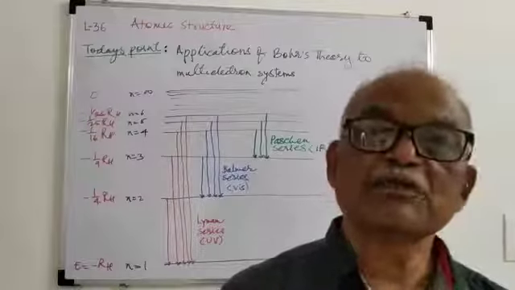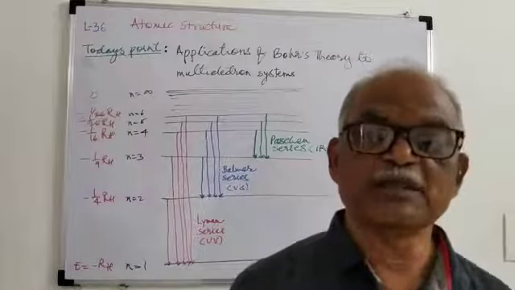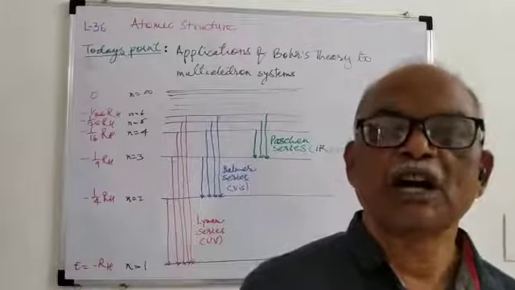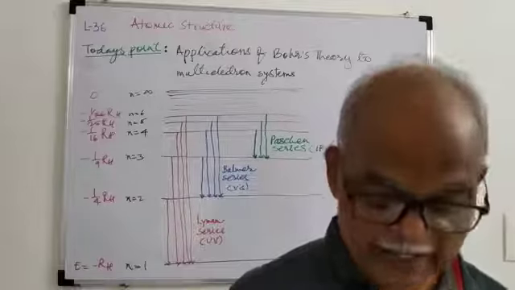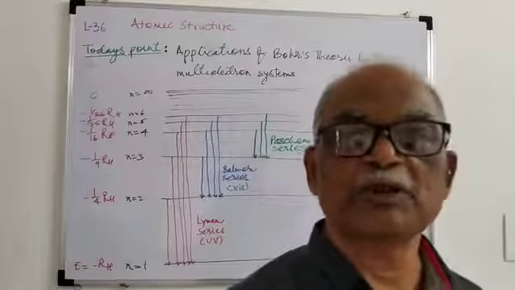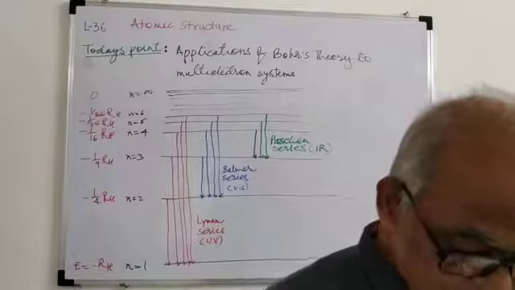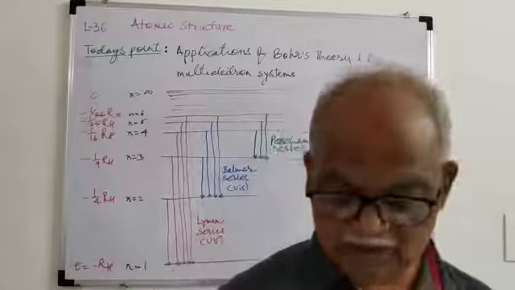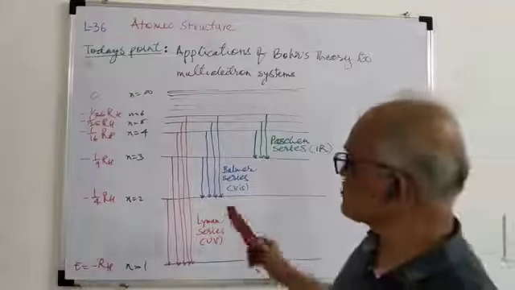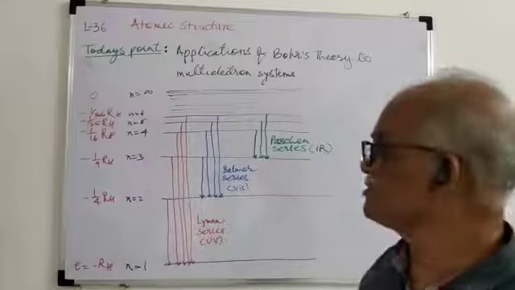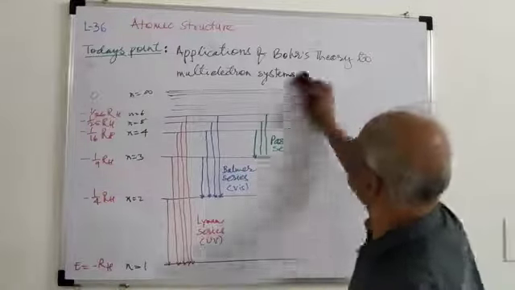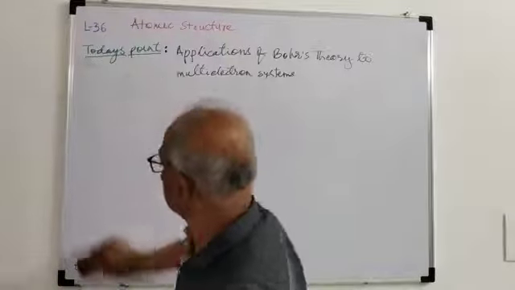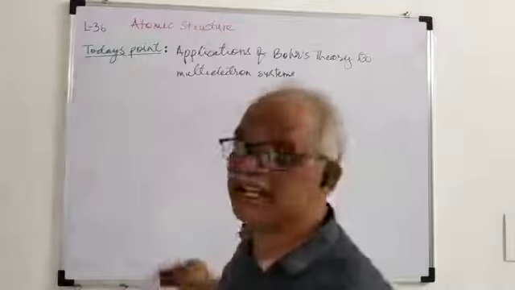But here we find that Bohr's theory shows that the data obtained fits the hydrogen atomic model only, but it fails to work well in case of multi-electron systems. So we need to consider an important characteristic of the electron. Why does it not work well for multi-electron systems? In order to understand, we have to consider that the electron works in a different manner.